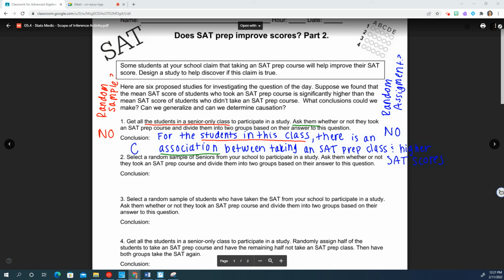12 AM is noon. No, 12 a.m. is night. Or wait, I don't know what it is. No, 12 AM is noon. Yeah. Oh, yeah. Got it. That makes sense. Wait, what is cause? They have an experiment.